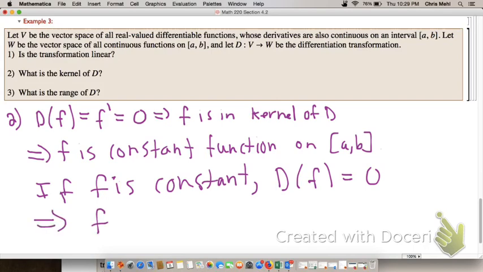That implies that f is in the kernel of D. Basically, I showed the kernel is a subset of constant functions on AB, and then I showed that the set of constant functions is a subset of the kernel of D, and that would tell me that the kernel of D is the set of all constant valued functions on the closed set AB.